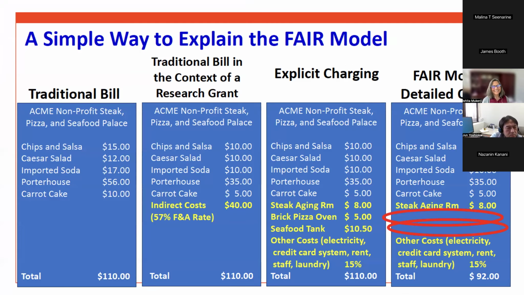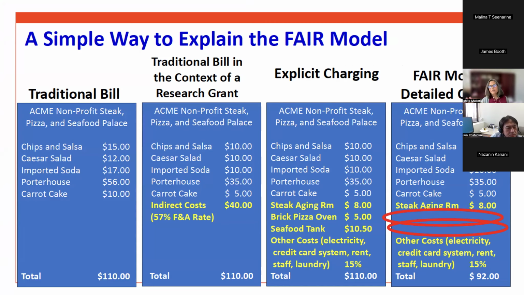This is kind of a silly example of how to think about indirect costs, but I think it's also informative. It's developed by this joint associations group that has come forward with this FAIR model, which I'll talk about later.